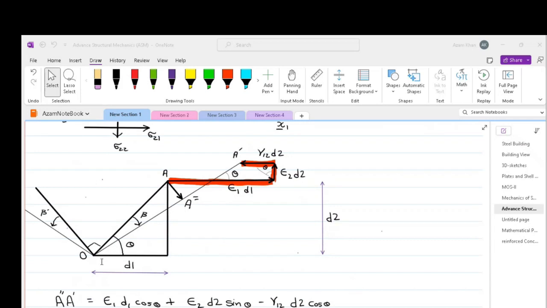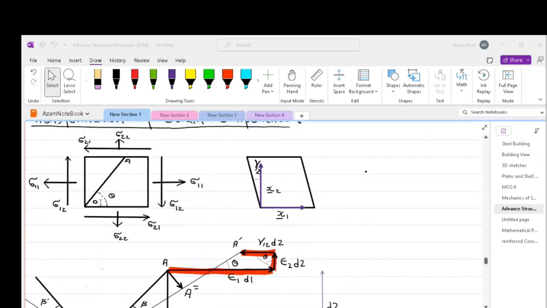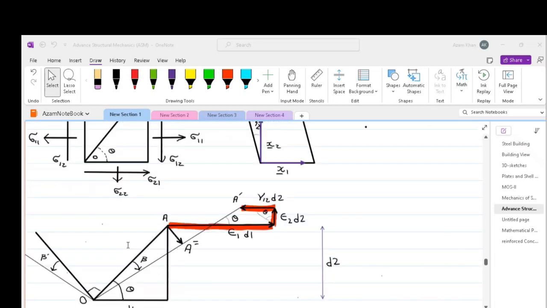So we have the element OA, and that OA changes its angular position by a very small amount that we call beta, and also OA is elongated to OA dash.